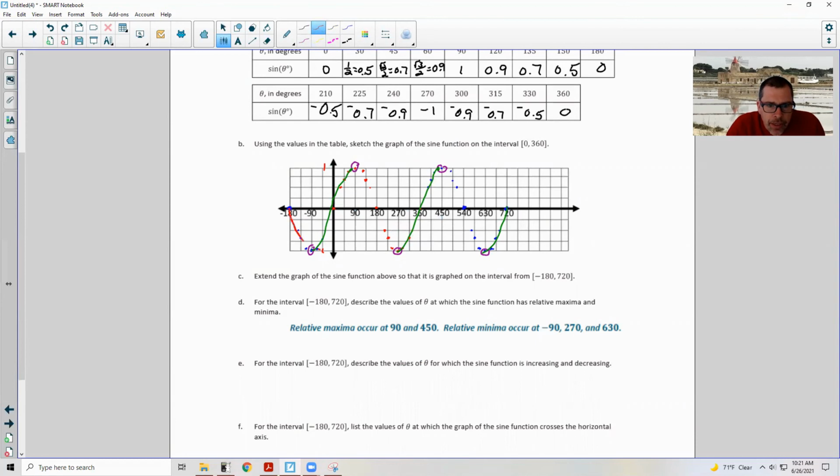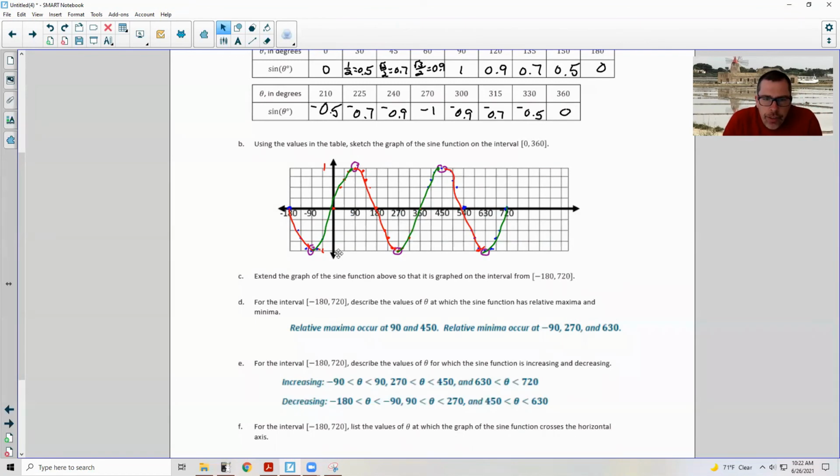So here it's coming down, coming down to our minimum right here. And here it is turning and coming back down, coming down to the minimum, and then going from the maximum down to the minimum one more time. Okay, so the red intervals are decreasing and the green intervals are increasing.